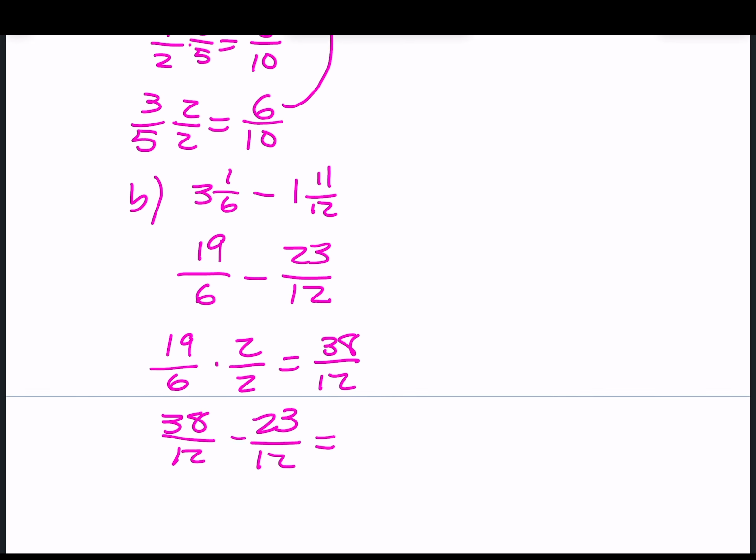So we can just subtract the numerators. 38 minus 23 is 15 over 12, which reduces to what? 5 over 4. We can divide both numerator and denominator by 3. 15 divided by 3 is 5, and 12 divided by 3 is 4.